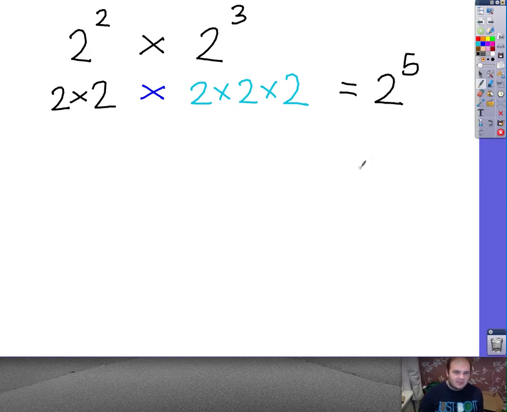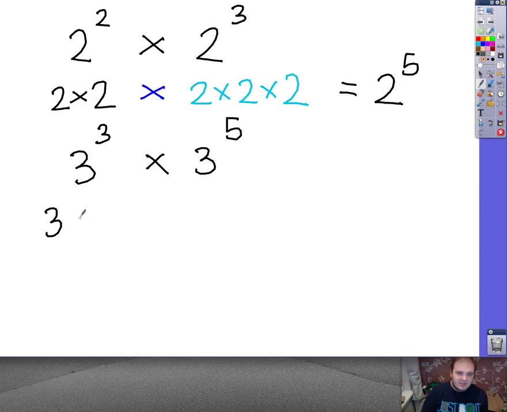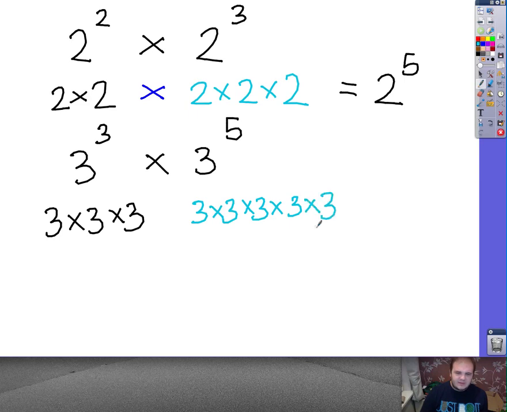Now you've probably already spotted what sort of a rule we're looking at here, but I'll just do one more example so that you're entirely sure. If I do 3 to the power 3 and I times that by 3 to the power 5, just bear with me whilst I write this out. 3 to the power 3 is 3 times 3 times 3. 3 to the power 5 is 3 times 3 times 3, that's 3 so far, times 3 4, times 3 5.